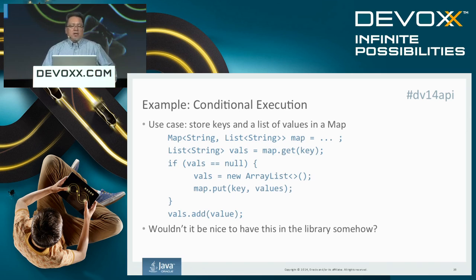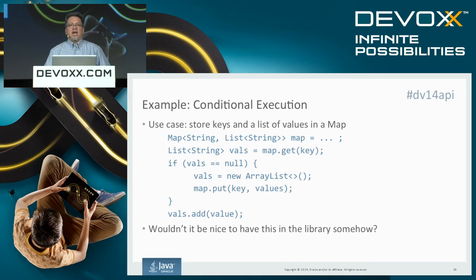All right, one more example of parameterizing behavior with lambda. So let's look at this code for a while and just read it on the screen and see if you can figure out what it does. I sort of say here, but then you read the code and it's like, what is this doing again? So the case here is, in general, a map has key-value pairs, but sometimes you want to have multiple values for the same key.